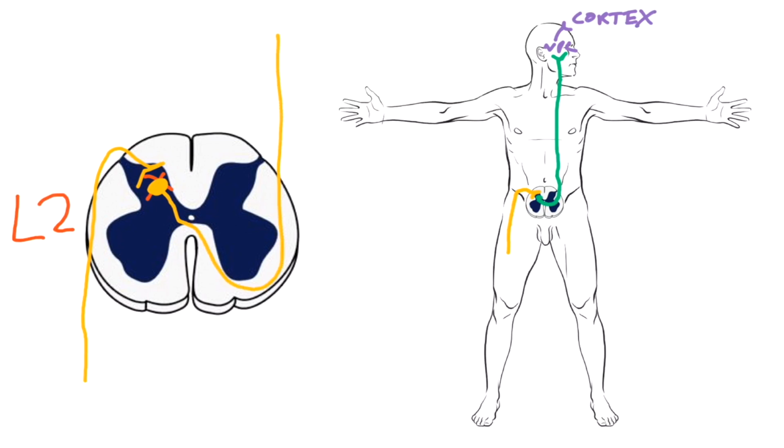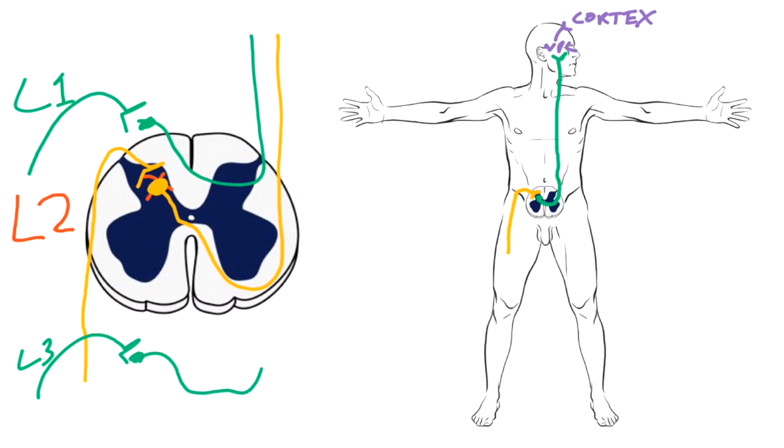So pain and temperature sensation would definitely be lost at the L2 spinal cord level. However, anything above L2, for example L1, would be just fine, because it can come in, synapse onto the gray matter, and decussate and travel up, and anything below, like L3, can do the same thing.